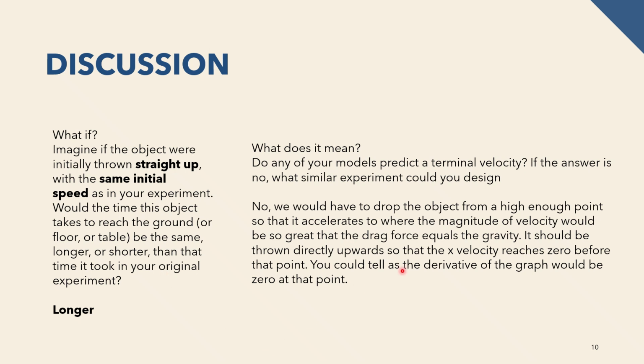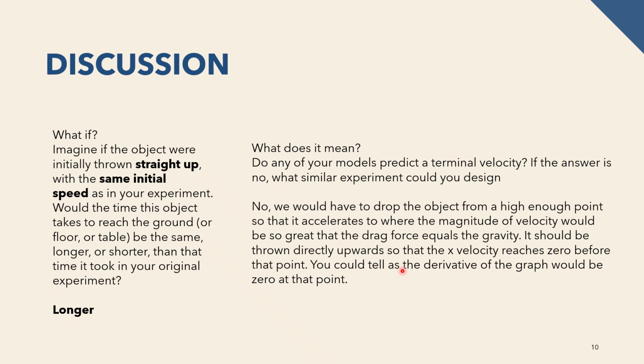Now, what does this experiment mean for the model predicting terminal velocity? And the answer is no. The model did not predict terminal velocity in any of them, because in order to accomplish that, we would have to drop the ball or throw the ball up from a high enough point so that it accelerates to where the magnitude of the velocity would be so great that the drag force equals the gravity.